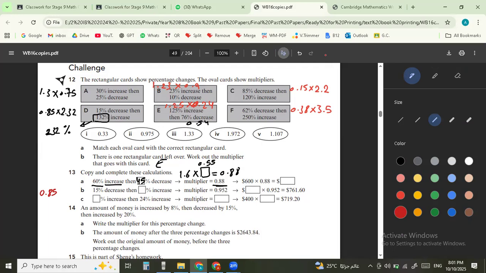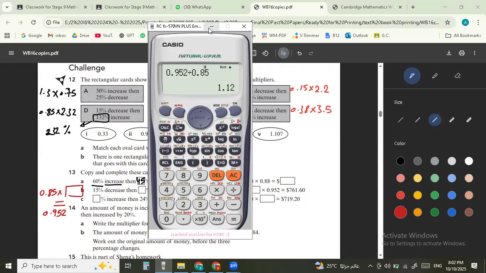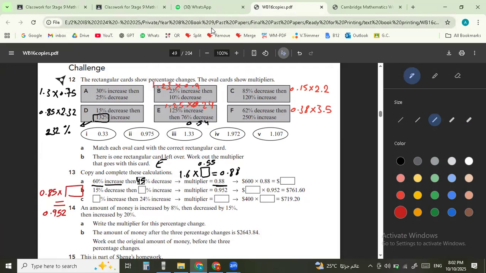They're saying it to you: 0.85 times what gives you 0.952? So I'm going to do 0.952 divided by 0.85, which equals 1.12 exactly.